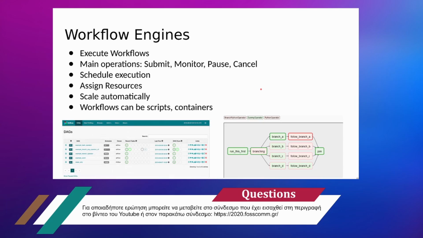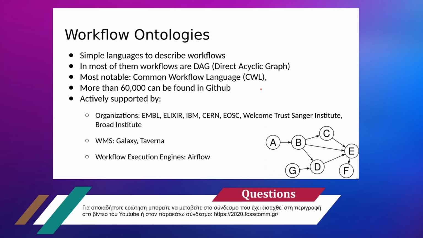And then you have workflow engines. For example, here is Airflow, where you can monitor, submit, pause, cancel your analysis. And you have the workflow ontologies. This is very, very important. You can design your workflows as directed acyclic graphs. It's very easy, actually.